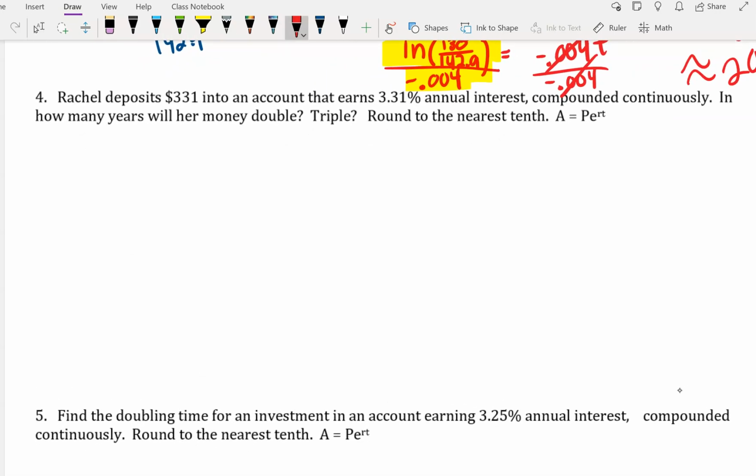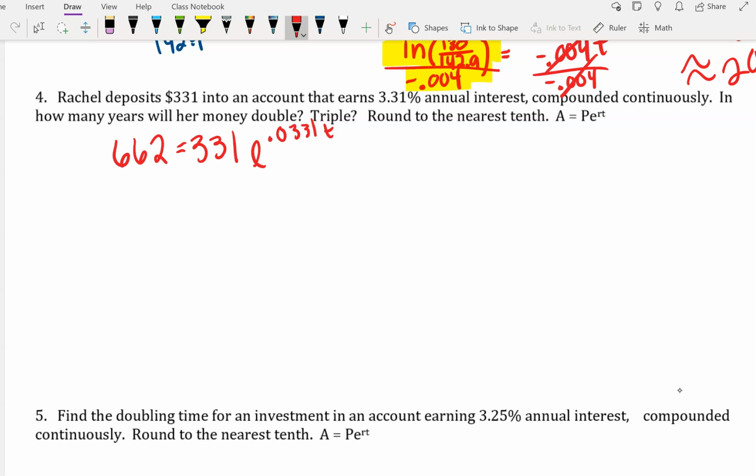So 331 is the initial amount. e to the r is going to be 0.0331 t. And we want to see how long it's going to take to double. Well, double 331 is going to be 662. But we're going to get rid of the 331 to begin with anyway.